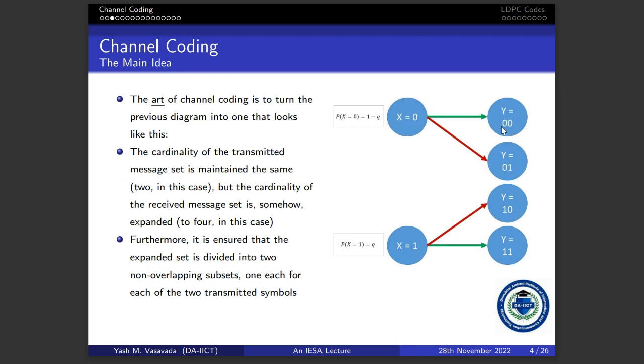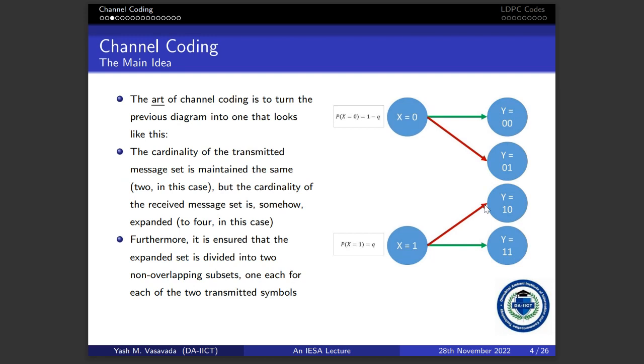If it receives 00 or 01, then it will say that bit 0 was transmitted. If it receives 10 or 11, then it knows that bit 1 was transmitted. Basically, there is no loss of confidence. There is no uncertainty at the receiver in terms of which bit was transmitted after it receives this pattern of 2 bits.